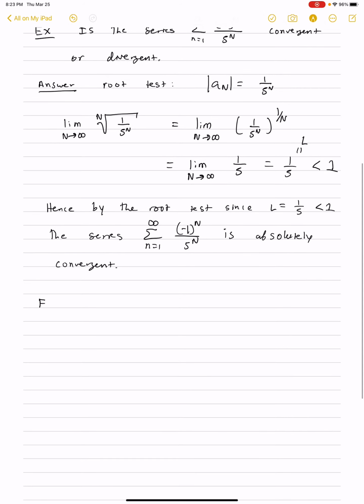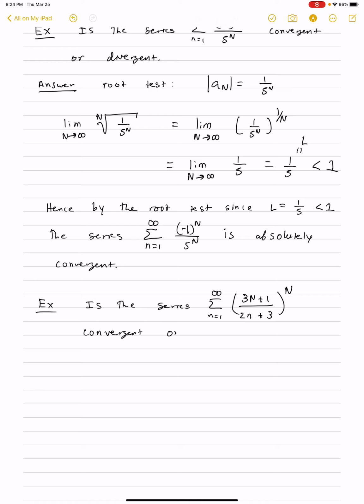Let me give you one more example. Is this series convergent? Excuse me, I want to put it to the nth power.